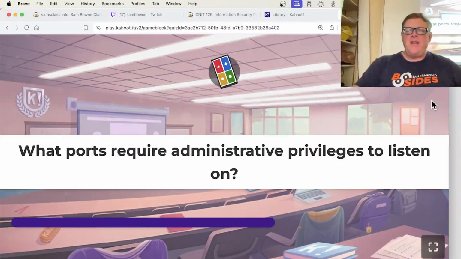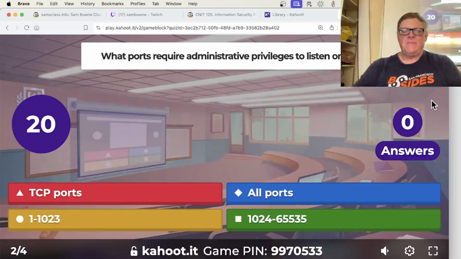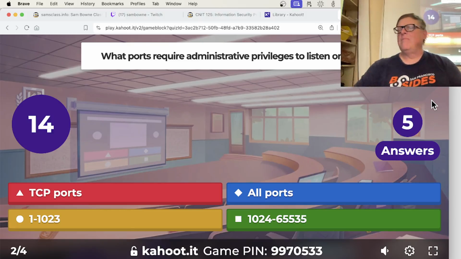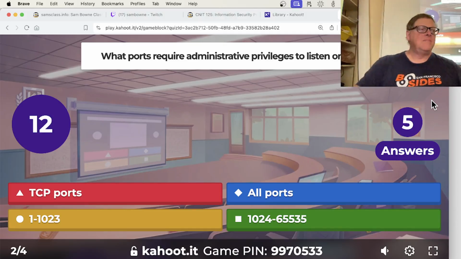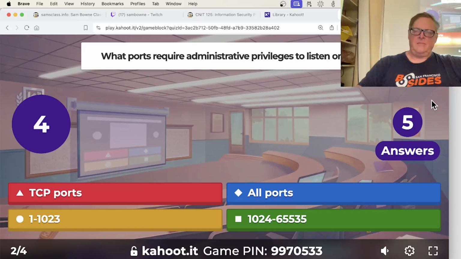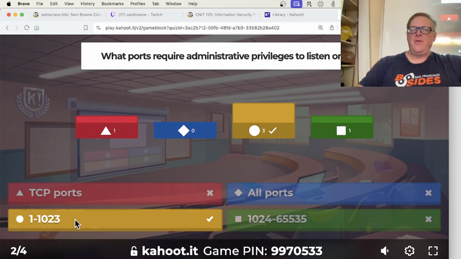Switch ports require administrative privileges to listen on. The first 1024 ports are the ones for famous services.